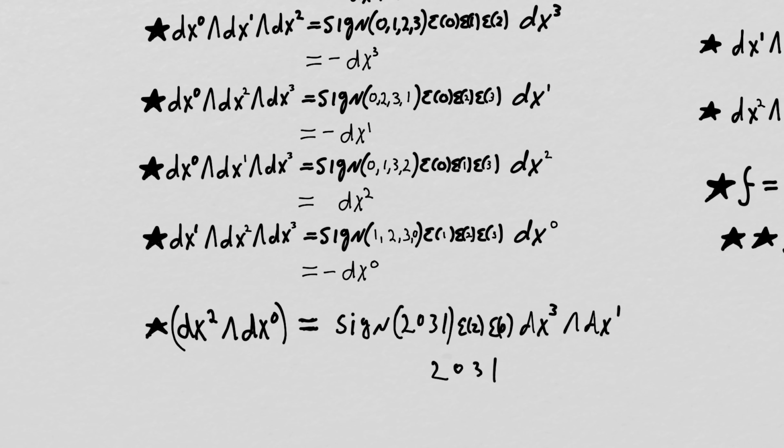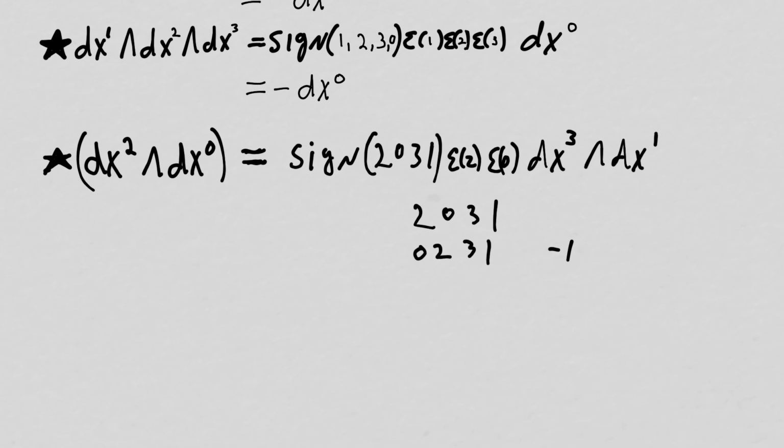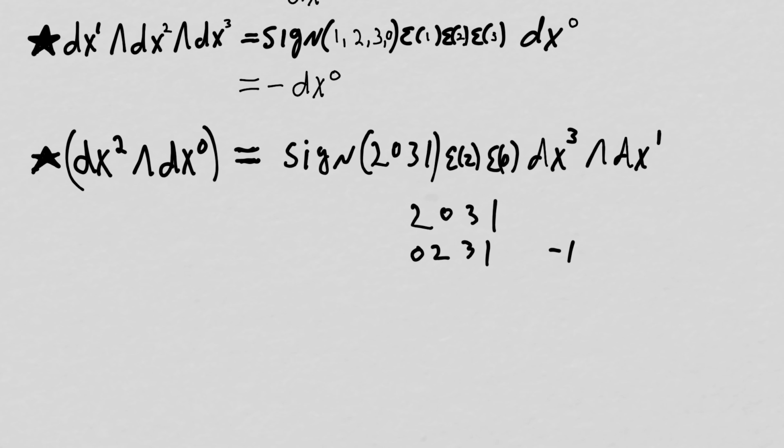Well, I want the order 0, 1, 2, 3. So I do one flip to get the 0 there, so that's a minus 1. And then I have to do another flip and another flip. So this first flip will make it a plus 1, and this flip will make it a minus 1 again. So this guy is going to introduce a minus 1. But then I have a minus 1 from here, so that all goes away.